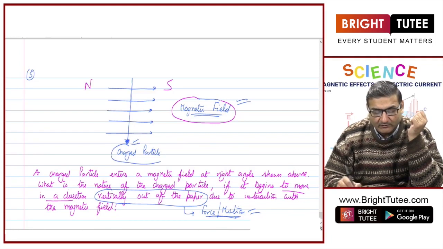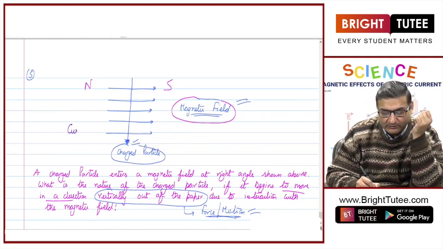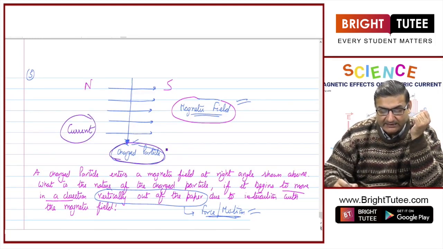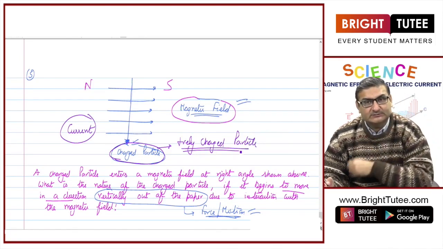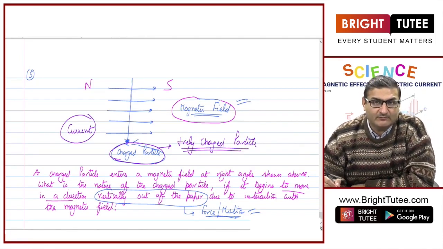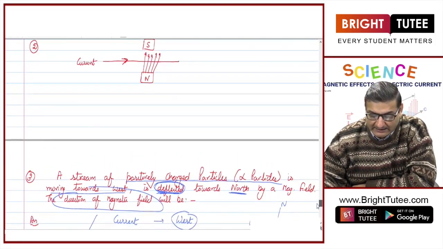Therefore, because the direction of current here is also same to that of the direction of charged particle, I will say that this is a positively charged particle. Got it? Right?